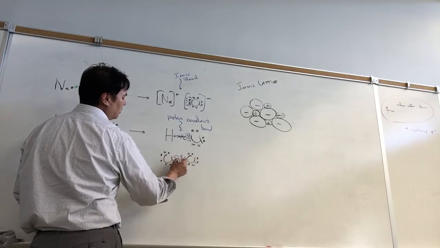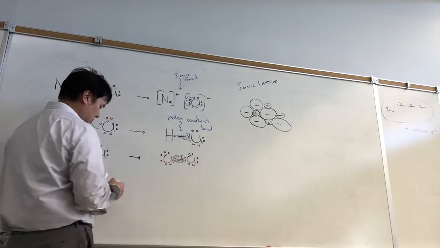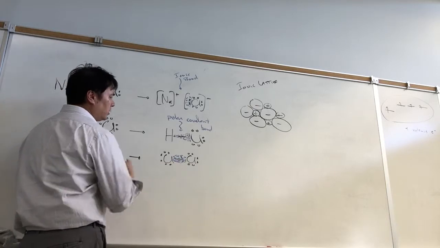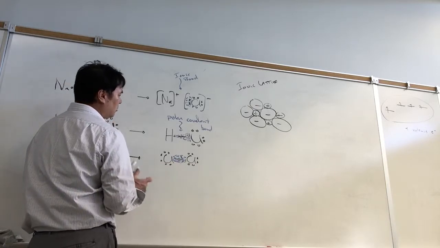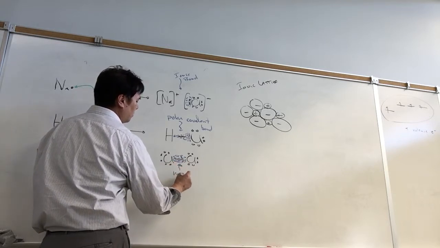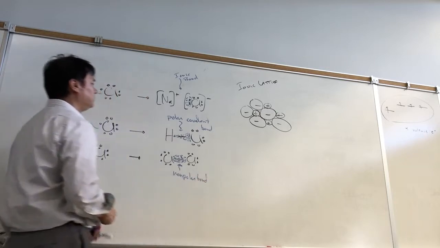And so we end up with a bond that's very symmetrical like this. That is, the electron density is evenly shared between the 2 chlorines, and we call this a non-polar bond.